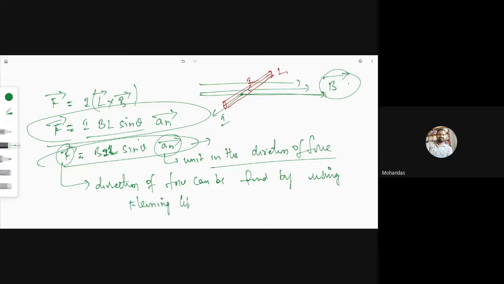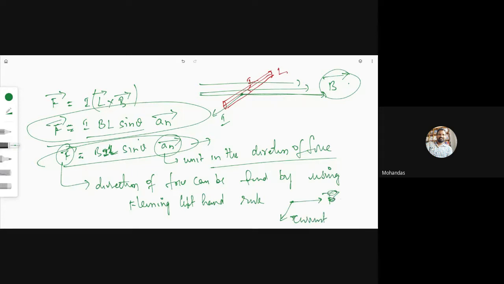Left hand rule. What does the rule say? If you stretch your left hand fingers like this, the forefinger shows the field and the center finger shows the current.